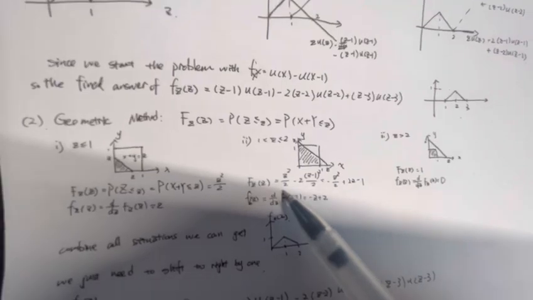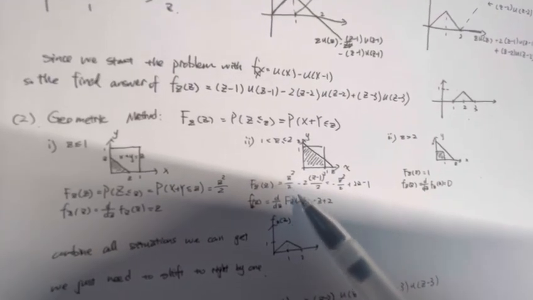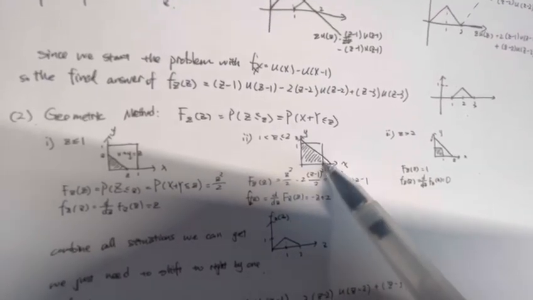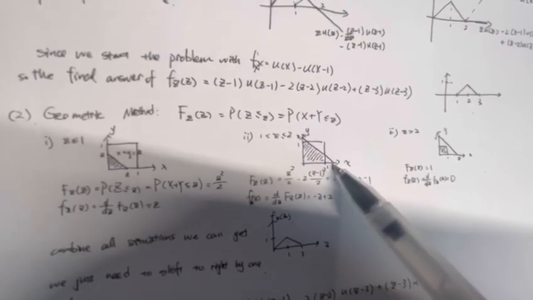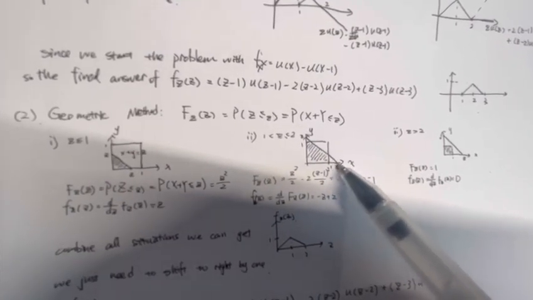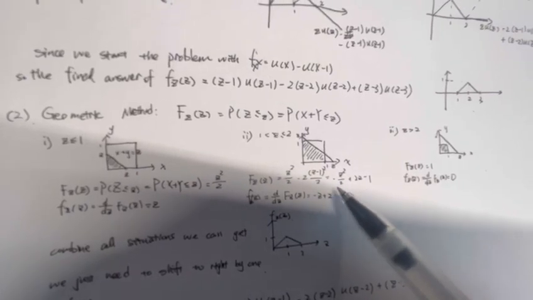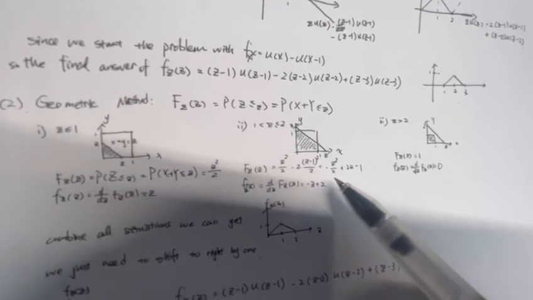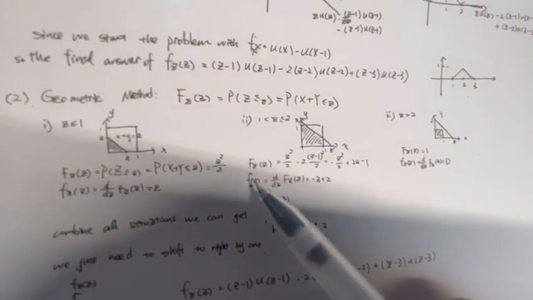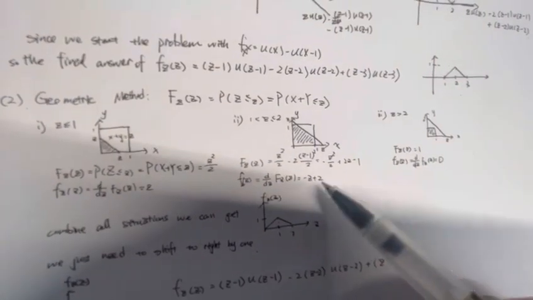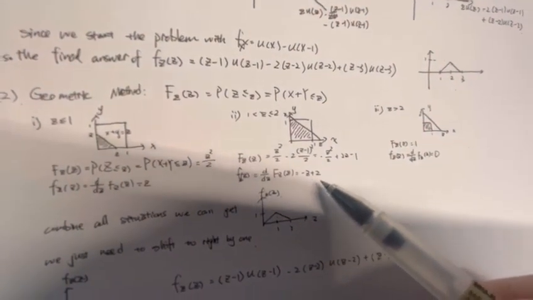So it will be z squared divided by 2 minus, since there are 2 small triangles, 2 times z minus 1 squared divided by 2, and then we can get this equation. And by taking the derivative of this equation, we can get the little f_Z(z), which equals negative z plus 2.